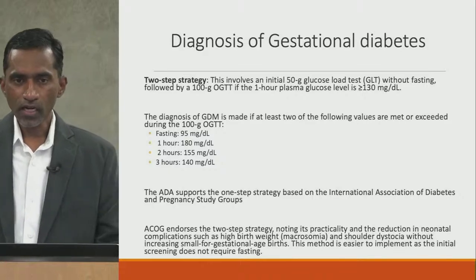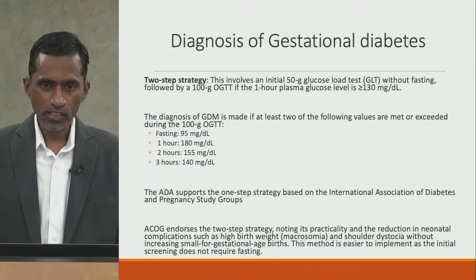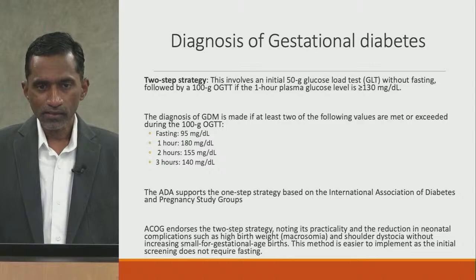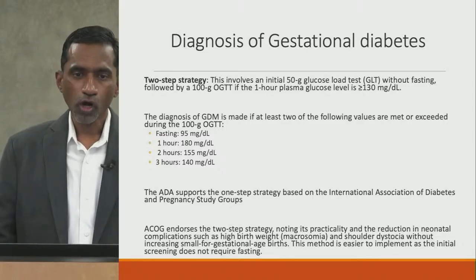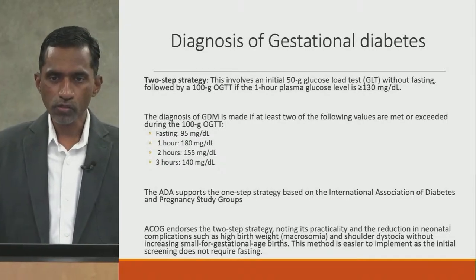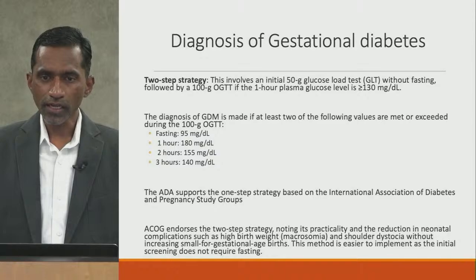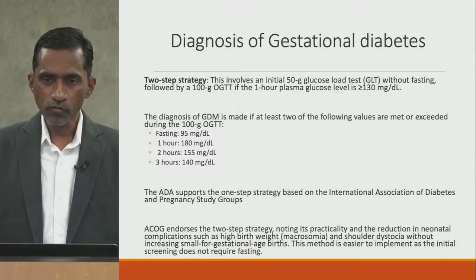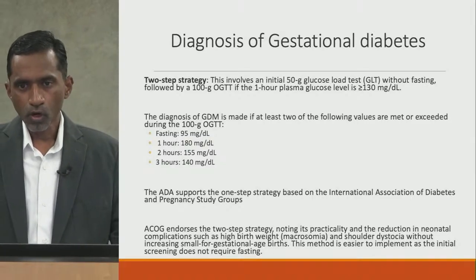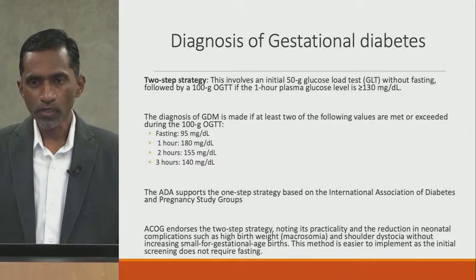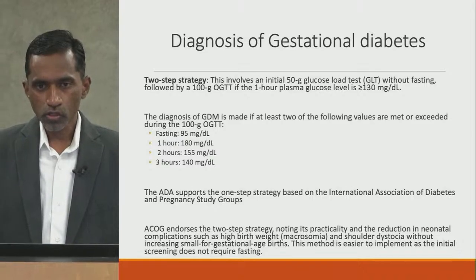So the American Diabetes Association supports the one-step strategy, and the American College of Obstetrics and Gynecology endorses the two-step. They say this is a better method in reduction of complications like high birth weight, which is also called macrosomia, and shoulder dystocia, which is a condition when the baby is coming out of the mother's womb during labor.